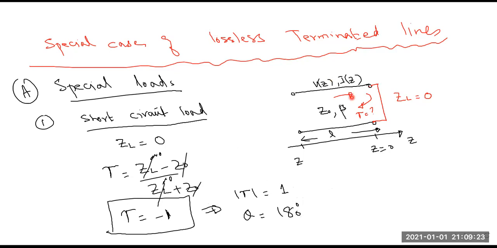Which means that signal coming from the source side, when it arrives at this point, the whole signal will be reflected because the magnitude is 1 and phase is 180 degree, which means that the reflected signal phase will be 180 degree as compared to the incident signal. Okay. So this is the first effect of connecting a short circuit load to any circuit or any transmission line, that reflection coefficient will become -1.